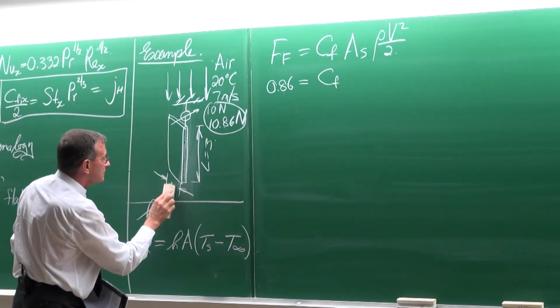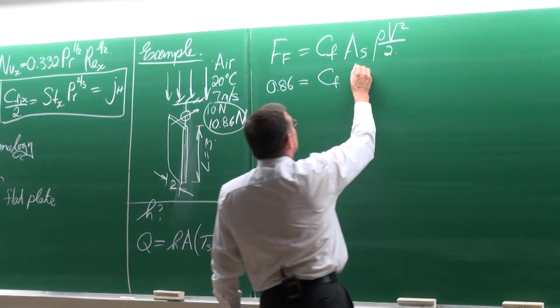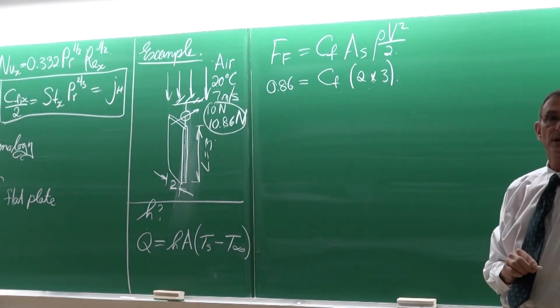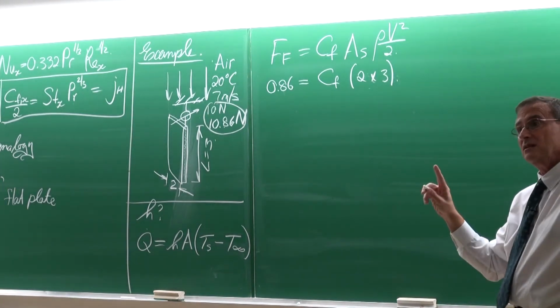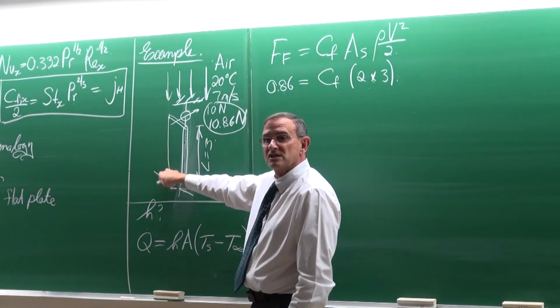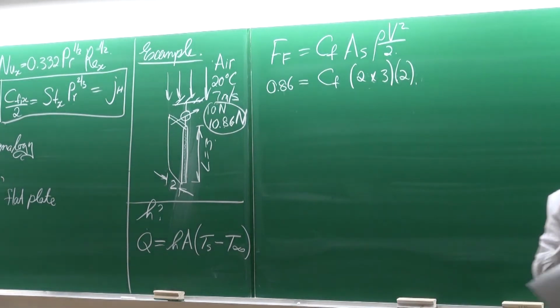Sorry, no, it's 2 meters multiplied by 3. So the area is 2 times 3, 6 square meters. However, in this case, the flow is going to be on both sides of the plate. So it's multiplied by 2 to make provision for both sides of the plate.